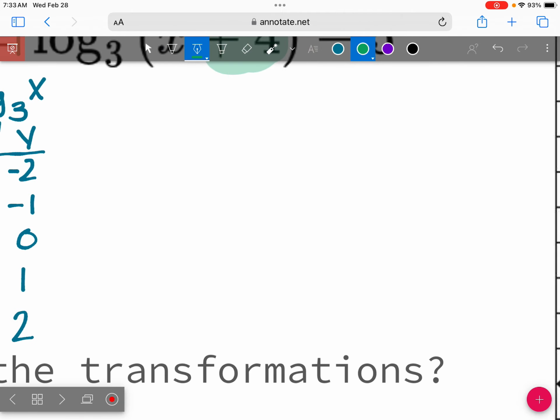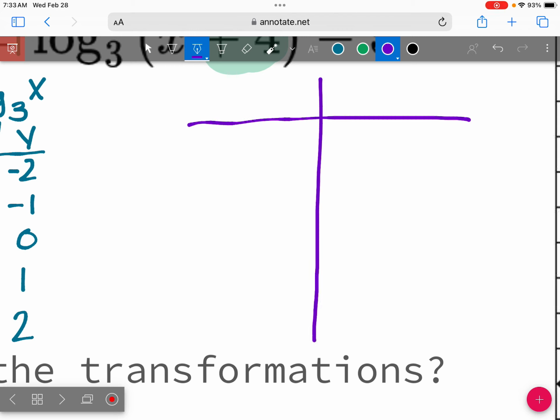So the way we're going to do that is we're going to take our logarithmic table and do transformations the exact same way. We're going to do our x plus h and our y times a plus k.